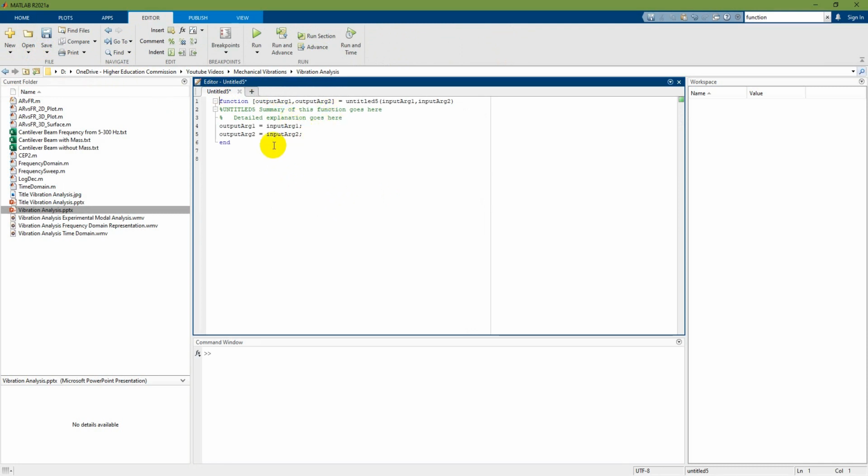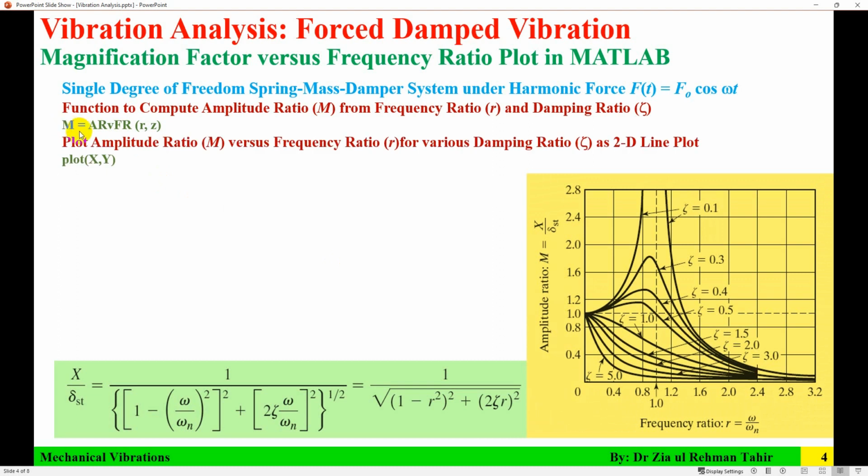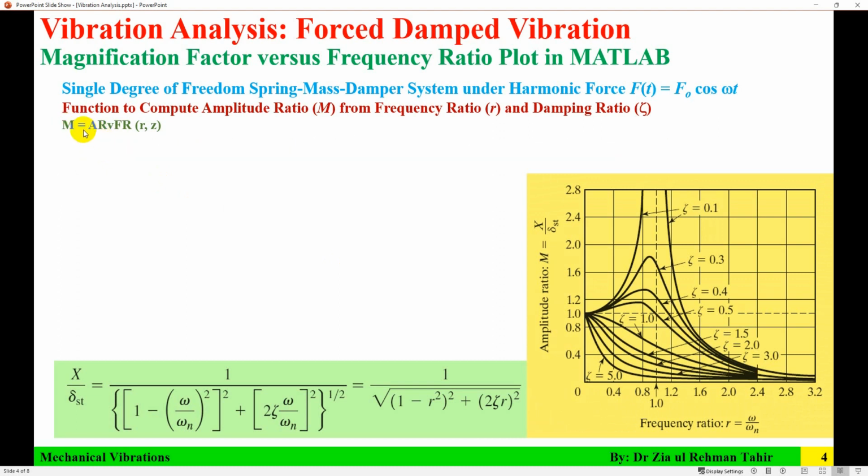So what did it give me? It gave me function output argument 1, output argument 2 equal to untitled, that is the function name, and then input argument 1 and input argument 2.